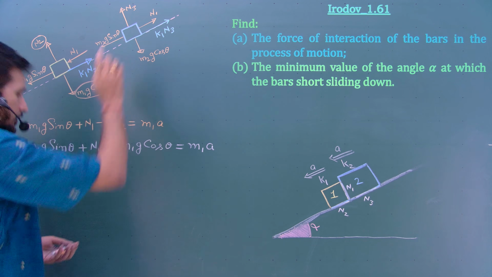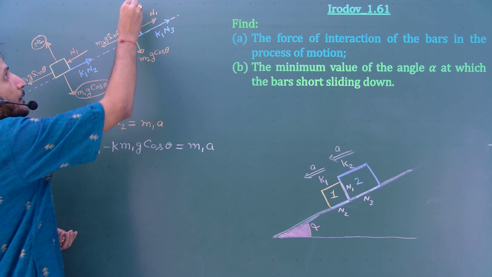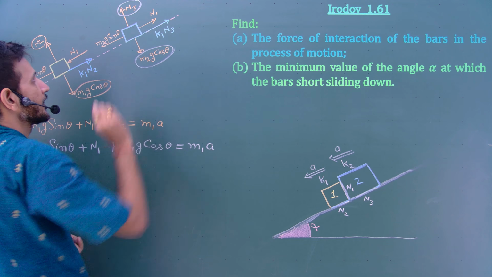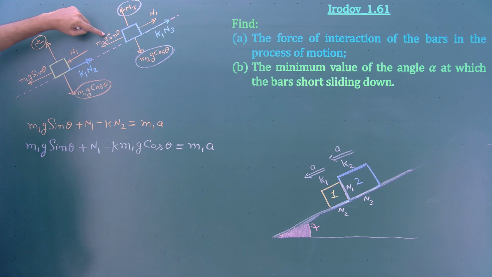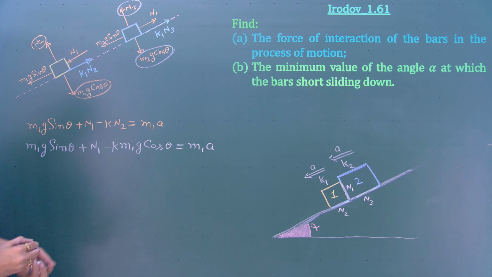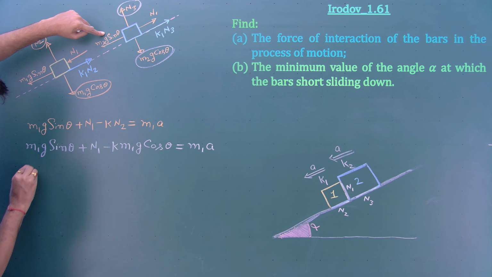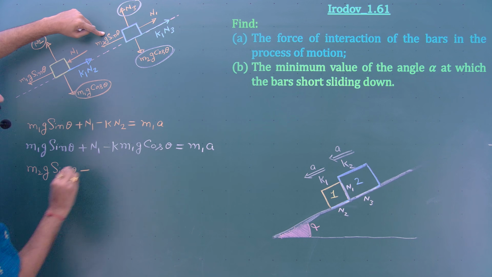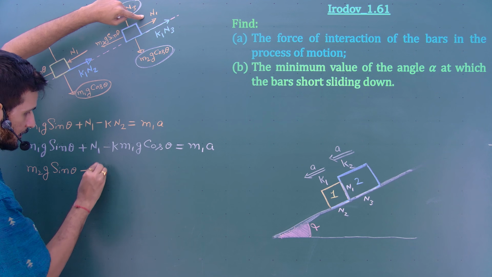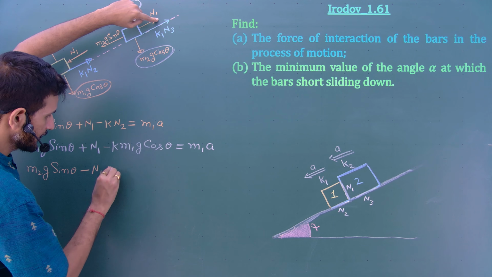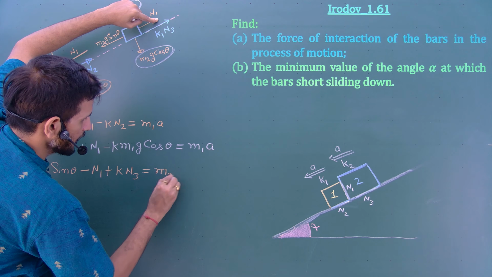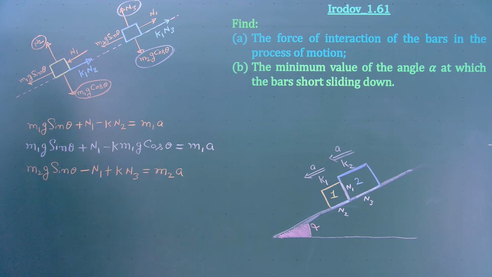For this block, N3 must be equal to m2g cos theta, and the equation of acceleration is m2g sin theta minus N1 minus k2 N3 should be equal to m2 into a. The accelerations of the two blocks are in the same direction with the same magnitude.